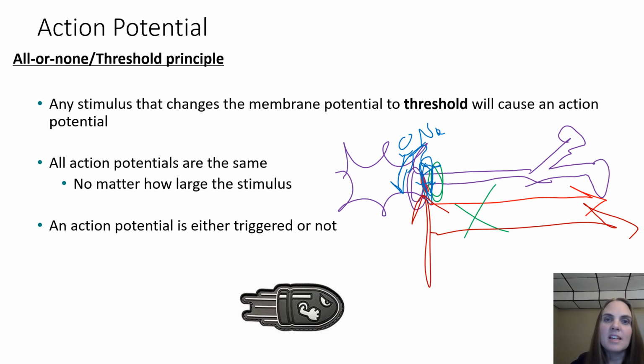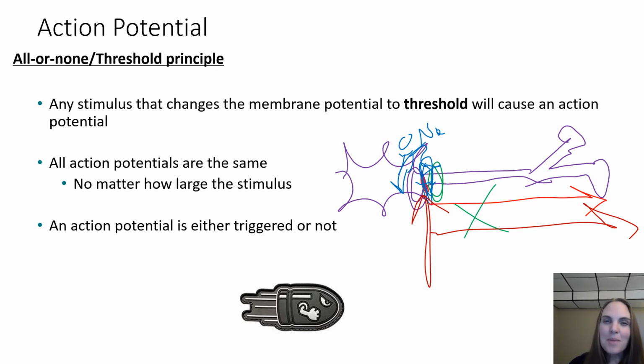Your book gives an example that relates to this idea of all or none, which is the firing of a gun. So I'm not super familiar with guns, but anybody probably can understand this concept that to fire a gun, your finger has to apply pressure to the trigger, right? If enough pressure is applied to the trigger, then that bullet is going to be fired.